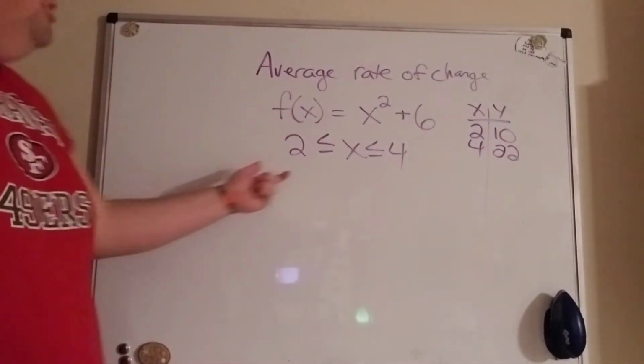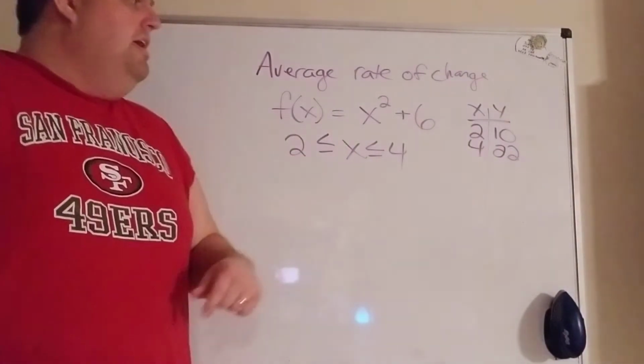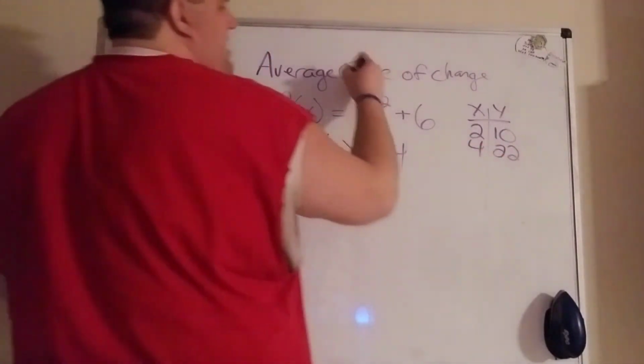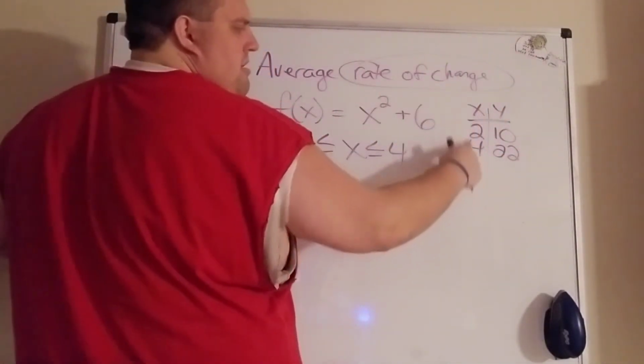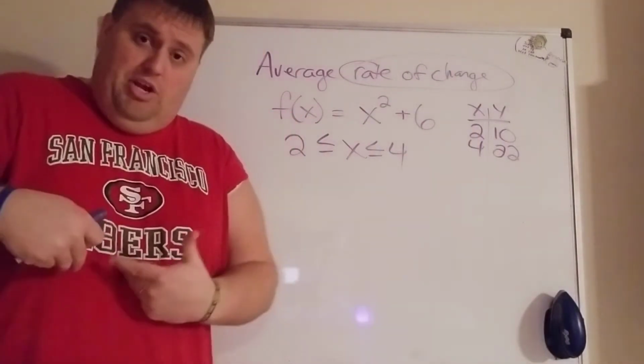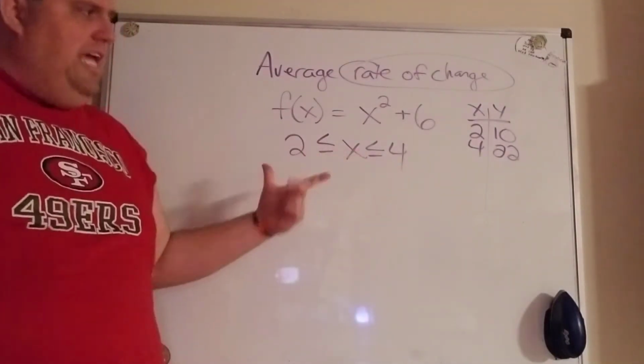So I plug in the 2 points, the end points of what they want me to find my average rate of change on. I find out what those 2 points are, and then you're just going to find the slope between those 2 points. So it's just like back to linear equations. They just want to know what's the slope between those two things.